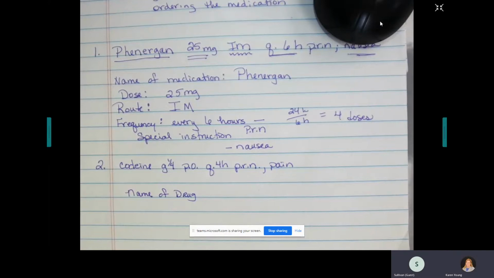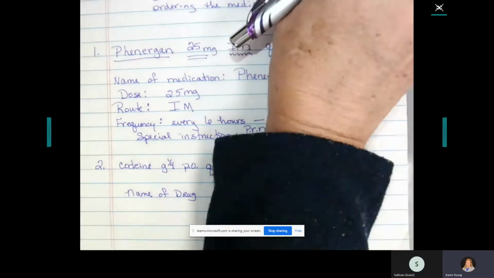Will you be able to see documents? I can. Because we don't have the medication order worksheet. Okay. That should already be in Canvas. Oh, I'm not seeing it. It'll be in week 5. Is it not open?